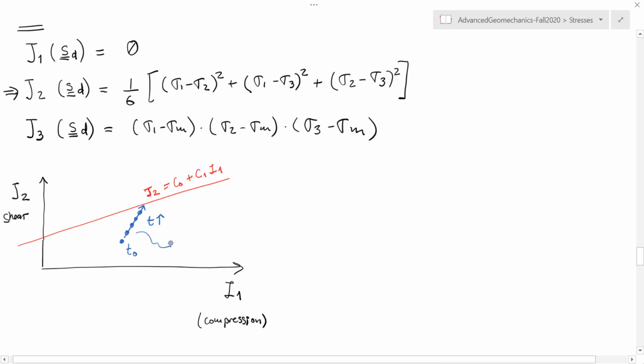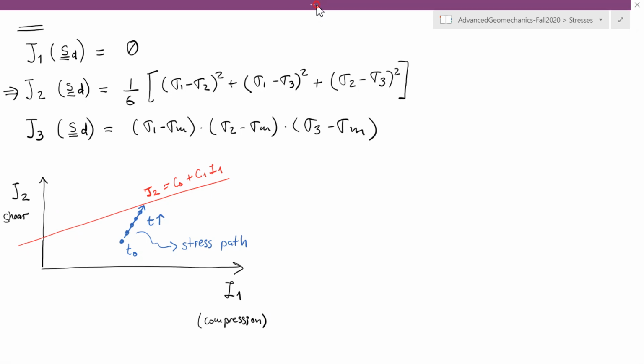And this is what is called a stress path. And it allows me to see how stresses are changing in time in a simplified version by just looking at the shear and the compression in it, two numbers that characterize those two.